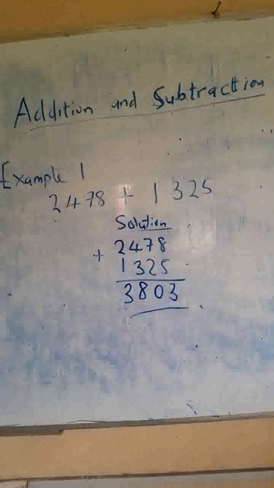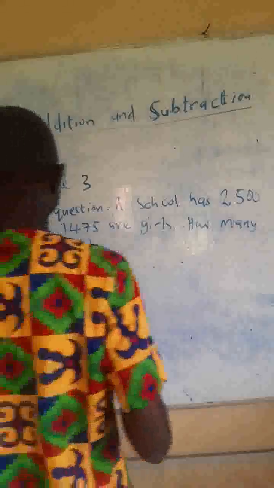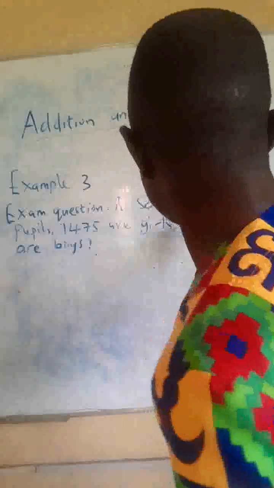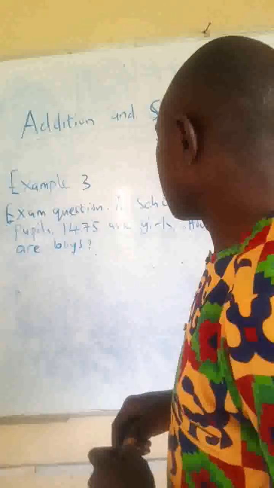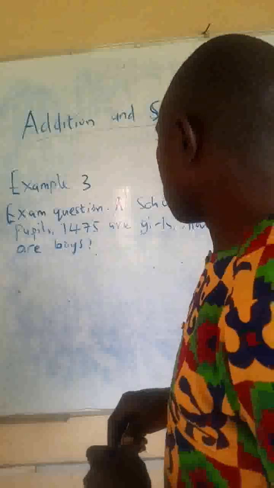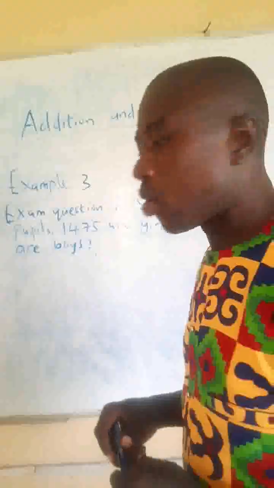Now let's solve this example number 3, which is an exam question. A school has 2,500 pupils, and 1,475 are girls. How many are boys?